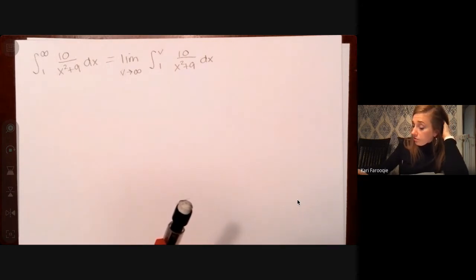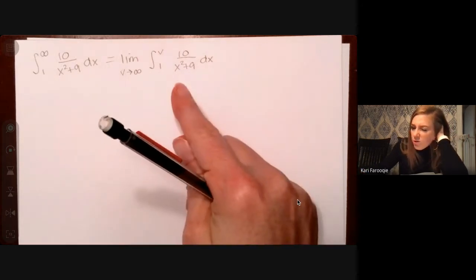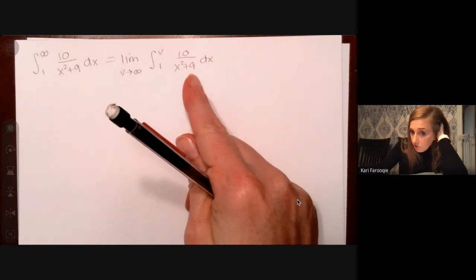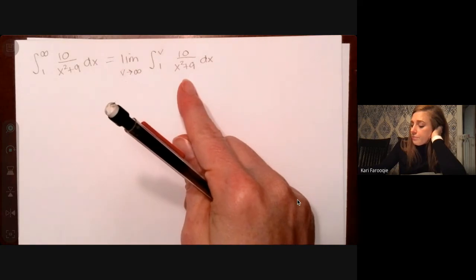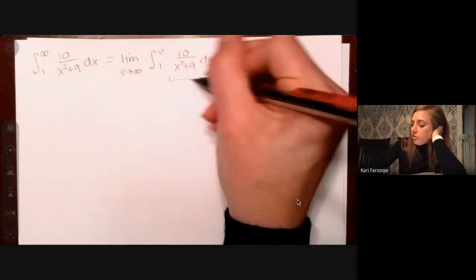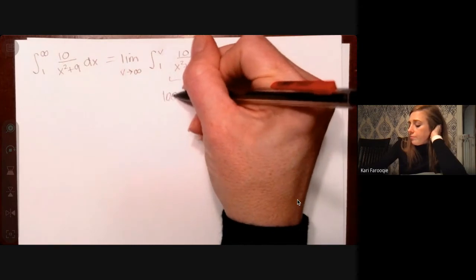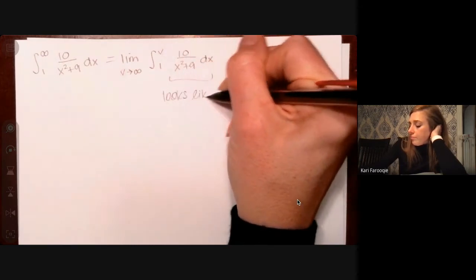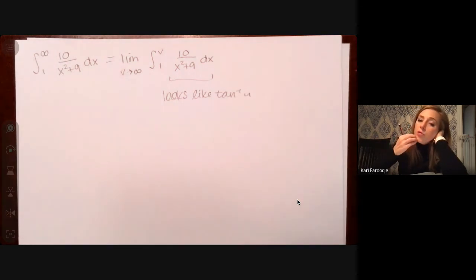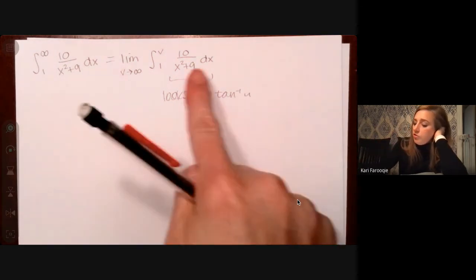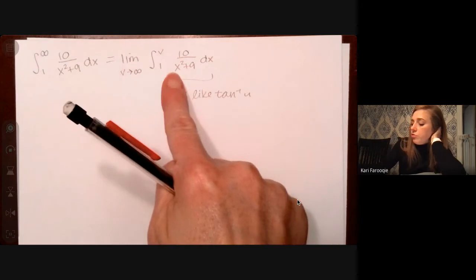Notice, however, that we look like we're really, really, really close to being in the form of an inverse tangent. We've done quite a few of these. Looks like an inverse tangent. So what we're going to do is we're going to force this to be a 1. I'm going to do a u substitution here.